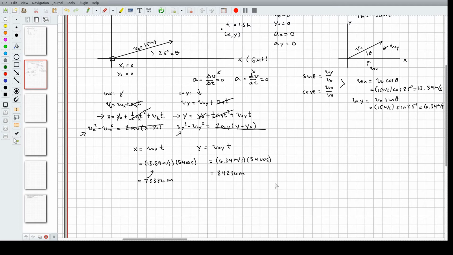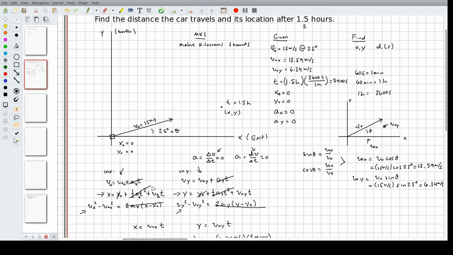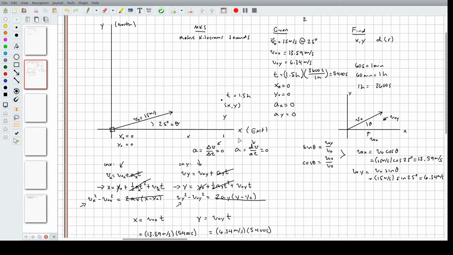Okay, so the distance that we travel here is this right here, going up to our point here in space. Now, that can be found using the Pythagorean theorem because this right here would be the y part of that right triangle, and this right here, between there and there, would be the x part.